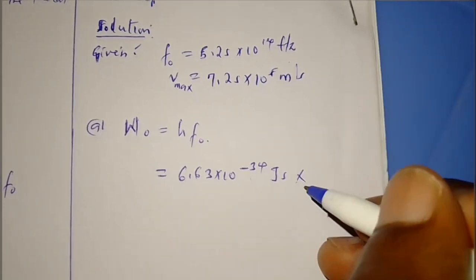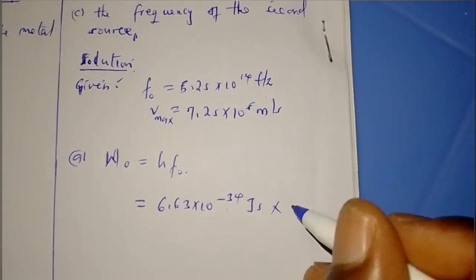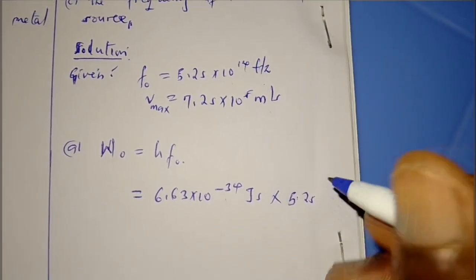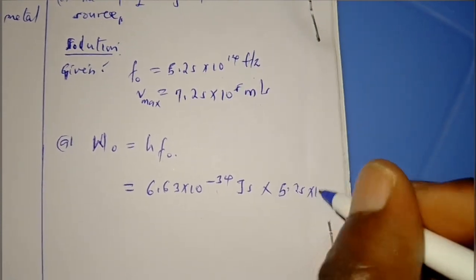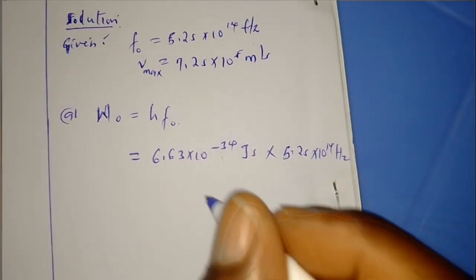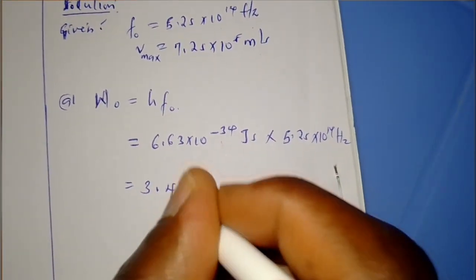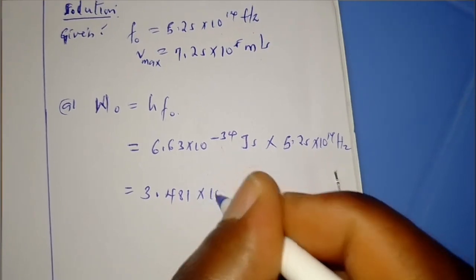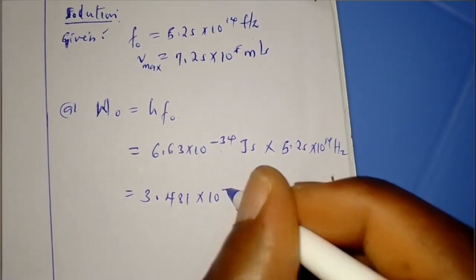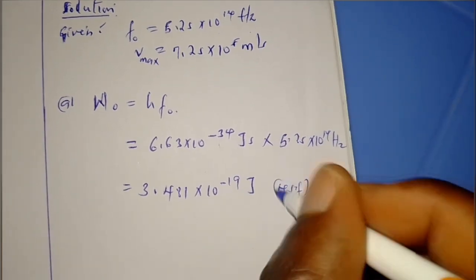So we are multiplying by the threshold frequency given in the question, 5.25 times 10 raised power 14 Hz, and it gives us 3.481 times 10 raised power negative 19 joules in 4 significant figures.